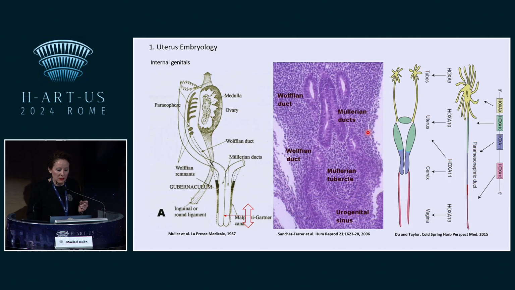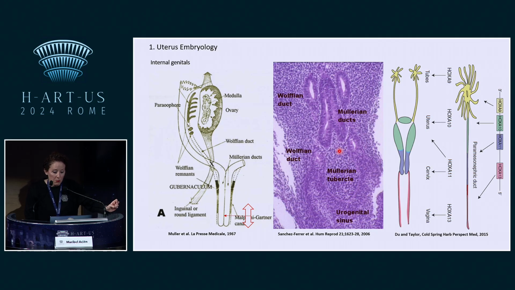In these experiments, we were also able to note that there is a third portion of the Müller duct, and it is exactly this little part where you see that, again, there's a slight divergence. The beginning of this divergence corresponds to the internal cervical ostia, whereas the tip of the Müller duct corresponds to the external cervical os.